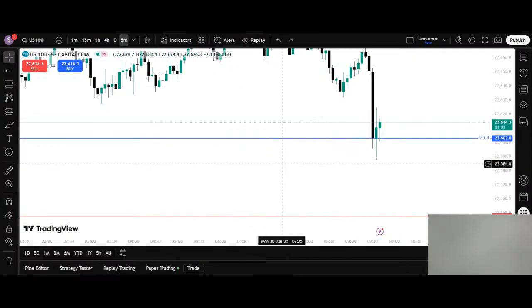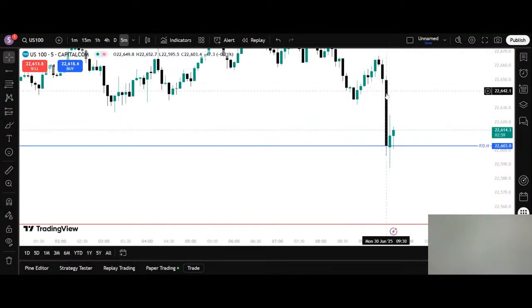There are also two bearish FVGs made on the 5-minute chart.